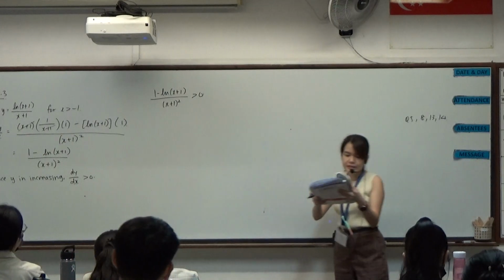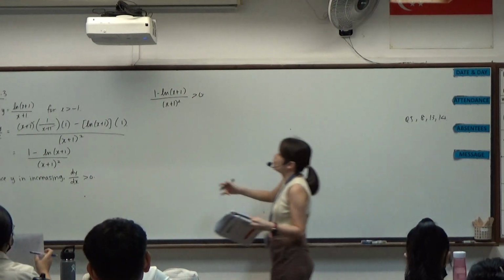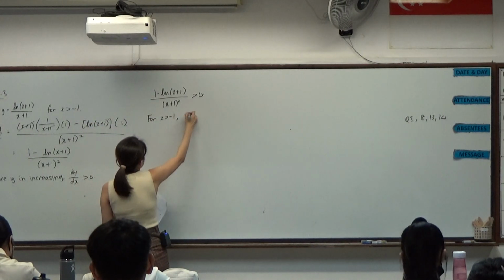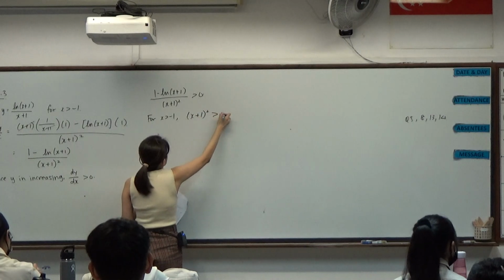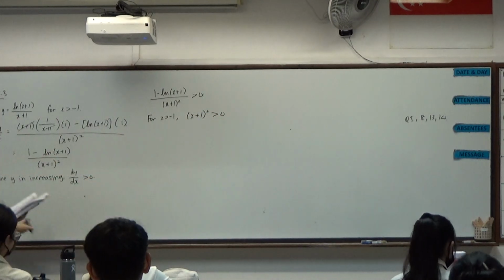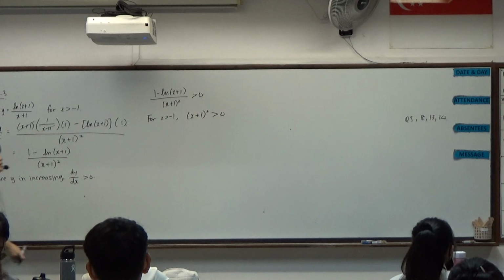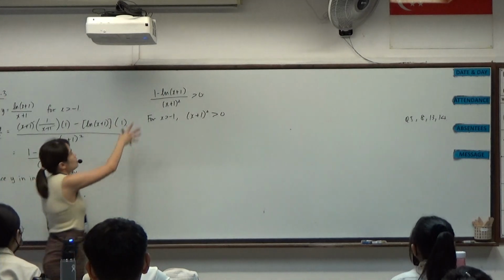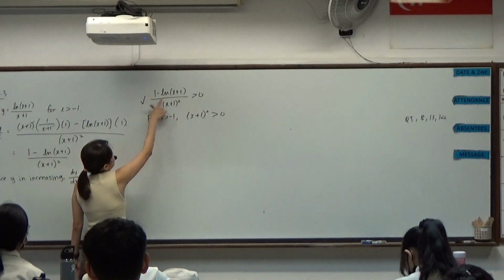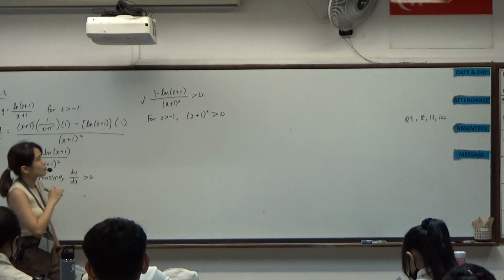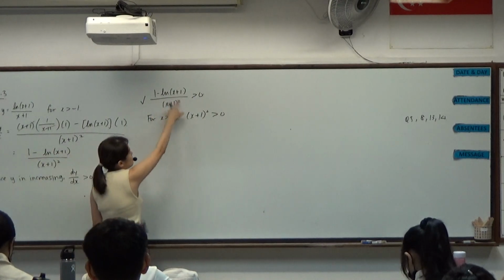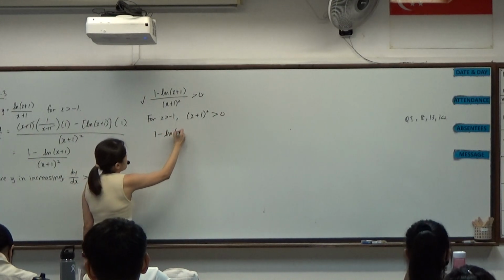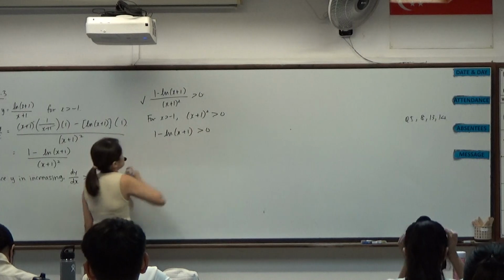With this being more than 0, given this interval of x more than -1, our (x+1) squared, in fact, regardless of whatever interval we're given, so long as x is not equal to -1, our denominator is always more than 0. Since 1 minus ln(x+1) over (x+1) squared is positive, and the denominator is always positive, that means our numerator itself has to be positive.